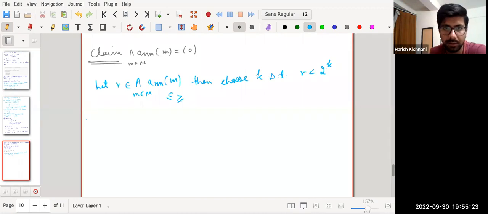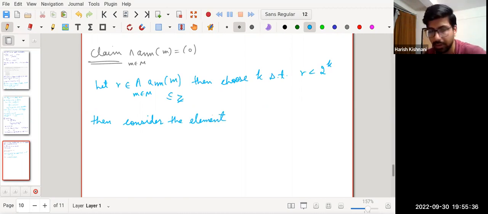Now consider this element a, which is 0, 0, 0.